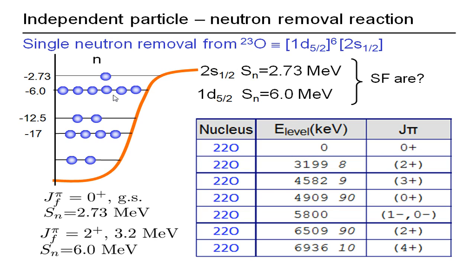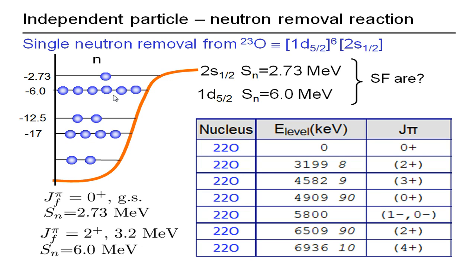Based on a naive expectation, if you take a nucleon out of this one, that costs 6 MeV. Taking a nucleon out of here costs 2.7 MeV, so the difference between those numbers would naively be the position of the excited state in oxygen-22.